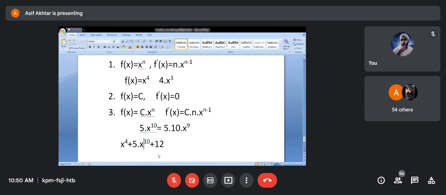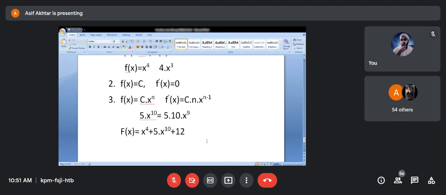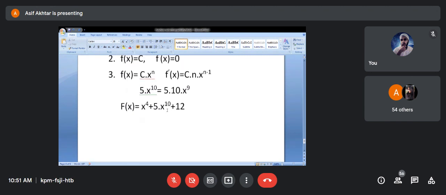So this is the function. So we have the function f(x). This is the function, and f(x) is x raised to the power 4 plus 5 into x to the power 10 plus 12. This is the function that I am handling right now.